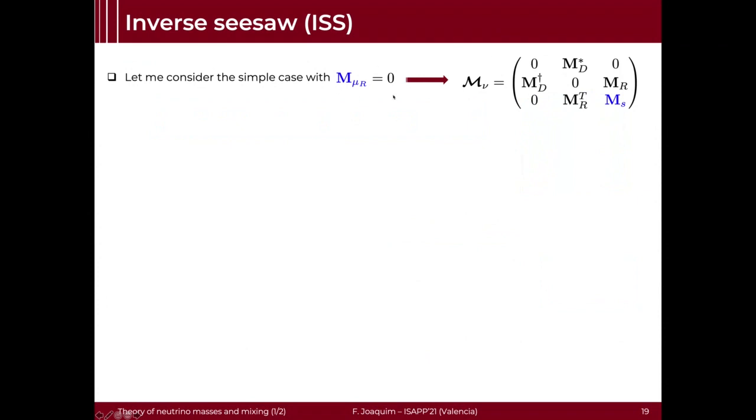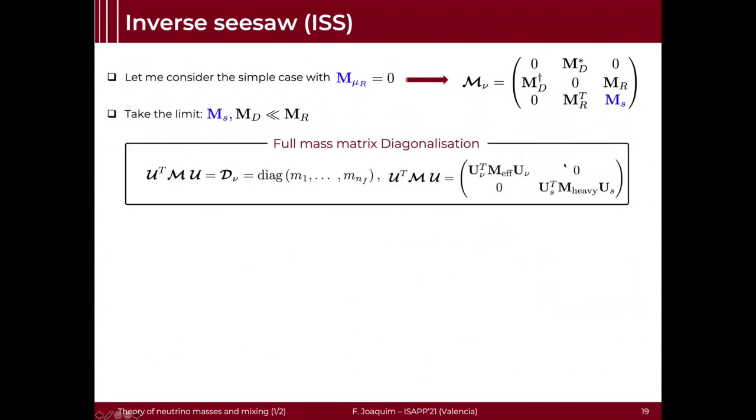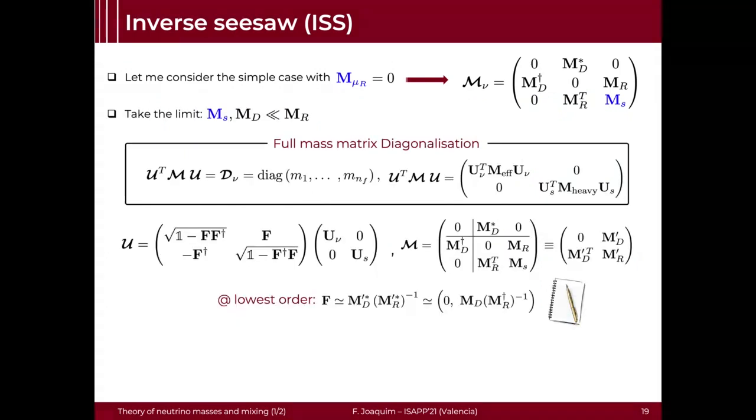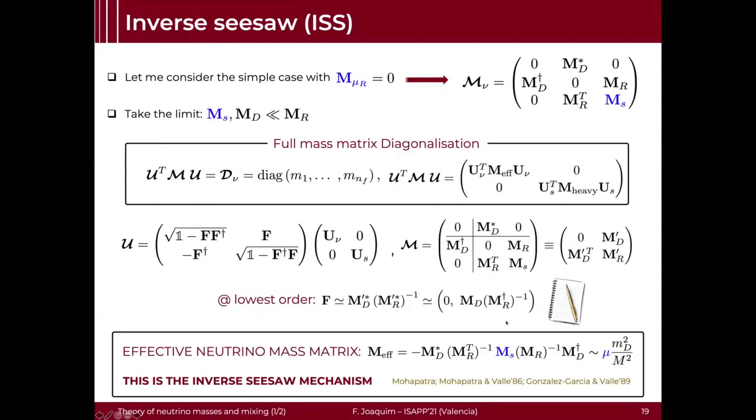I can assume, just for simplicity for now, that this term here is 0 and keep only this one. Again, I apply the same procedure as before, block diagonalize the matrix, and at the end, the effective neutrino mass matrix will be this one.